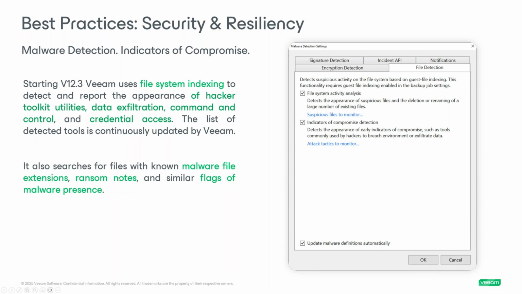So it will act very similar to the encryption detection when it finds something. It will just put a flag on those restore points so that you can act fast to resolve the issue.